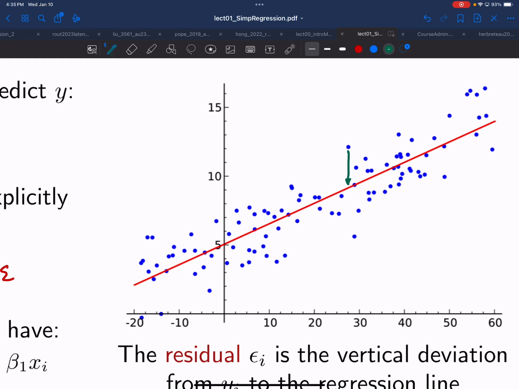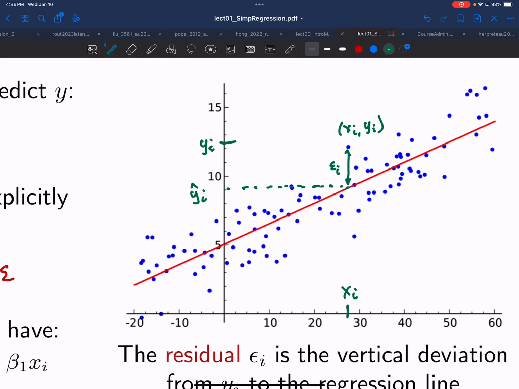So maybe we'll put that in. If this is the ith data sample, (xi, yi), that blue dot, then this would be xi, how far we are along the horizontal axis, and this is yi, how far along we are on the vertical axis, and in particular this height here would be y hat i.